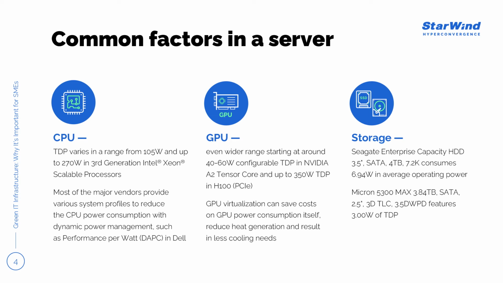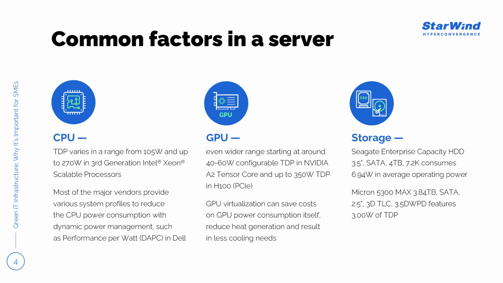HDD drives generate more heat due to the mechanical action of the disk. And as we can see, for example, the Seagate Enterprise Capacity 3.5 inch SATA 7.2K RPM drive consumes 6.94 watts in average operating power.